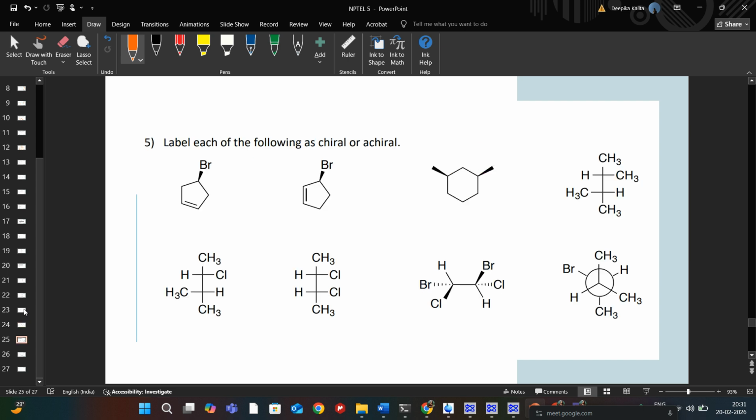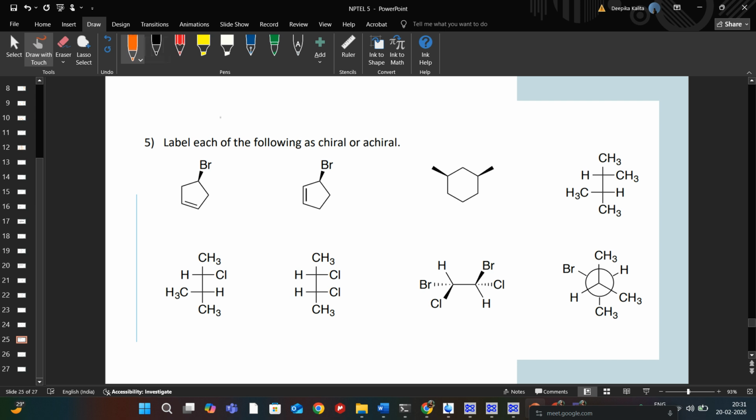So till now we have solved enough of the enantiomers and diastereomers related questions. So lastly, here you have to label these organic compounds given as whether they are chiral or achiral. For that, you just have to figure out whether these molecules possess chiral centers or not.